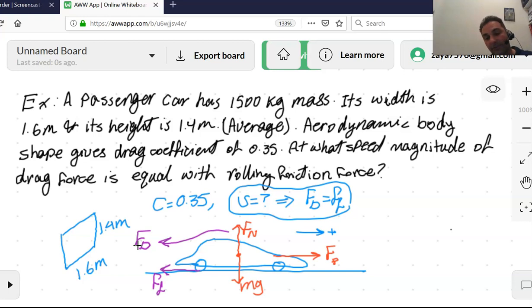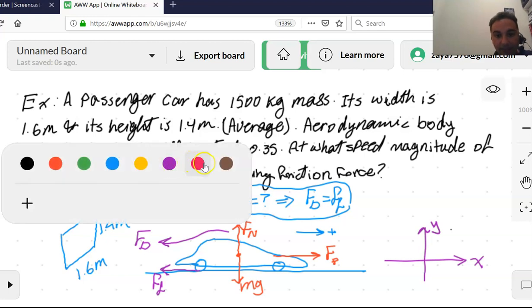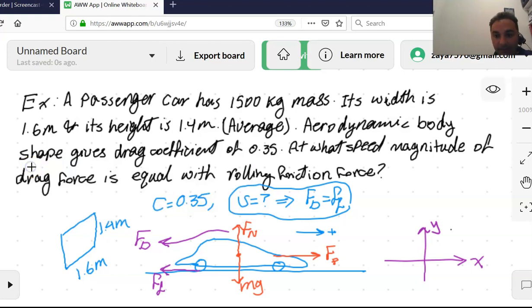It's against your motion. So if I say this is the x-axis and this is the y-axis, on the x-axis I am going to have a propulsion force, correct?